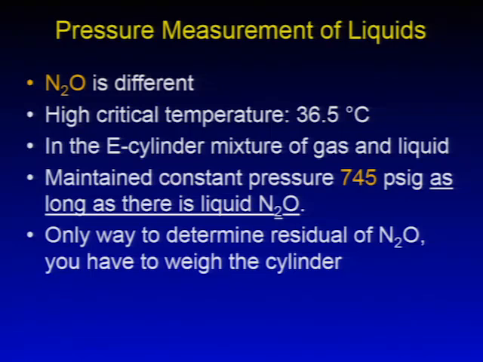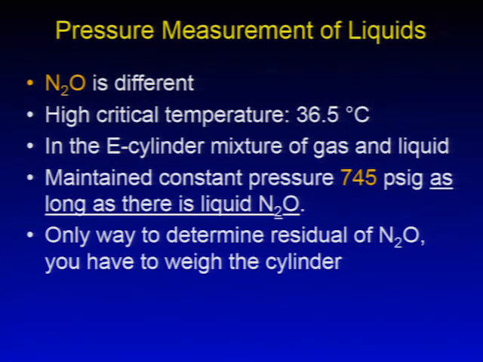Now, nitrous oxide is different. This has a higher critical temperature, which is 36.5 Celsius. Therefore, an E cylinder contains a mixture of gas and liquid, and maintains a constant pressure of 745 psig, as long as there is liquid nitrous oxide inside.